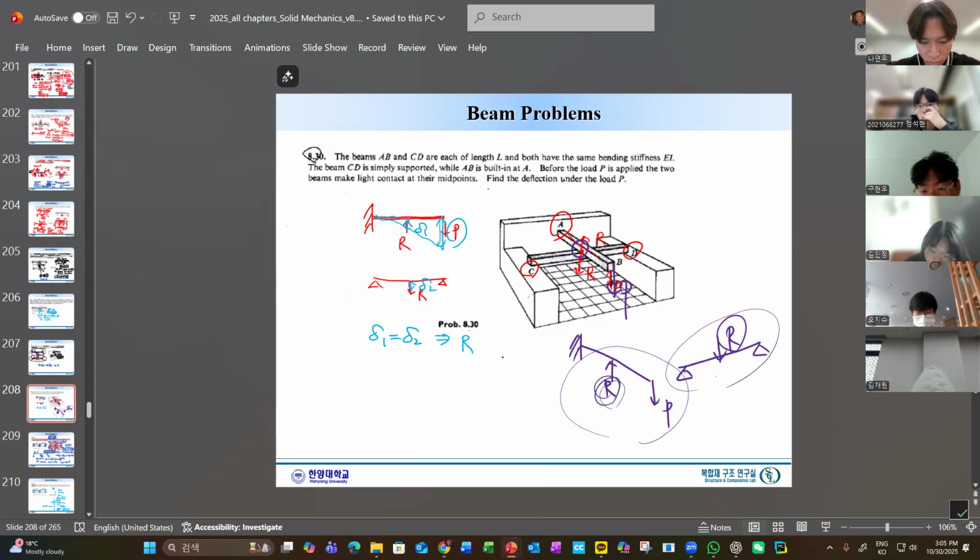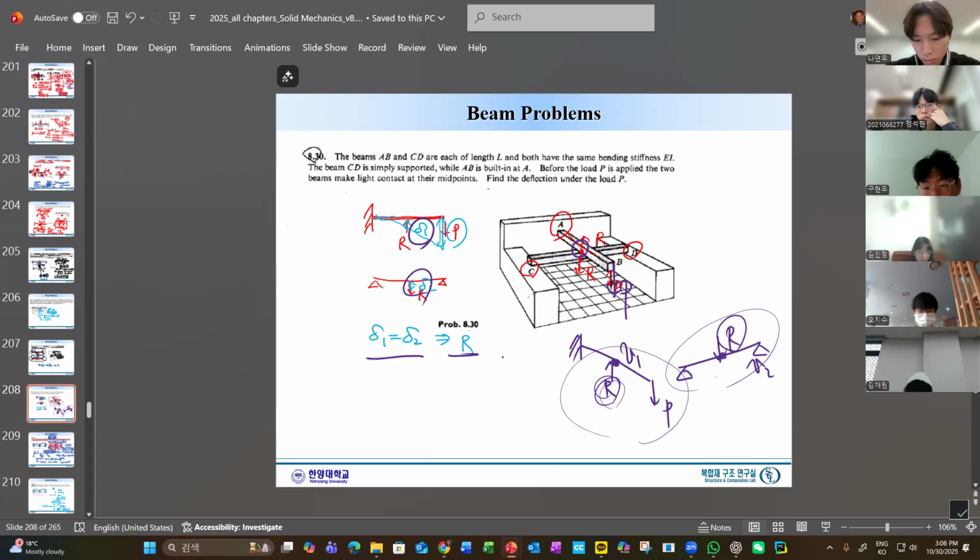And then once we get all the deflections V1 and V2, now here, the deflection at that point will be the same. That's the one we can solve. So deflection 1 and deflection 2 will be the same. We can get the R.